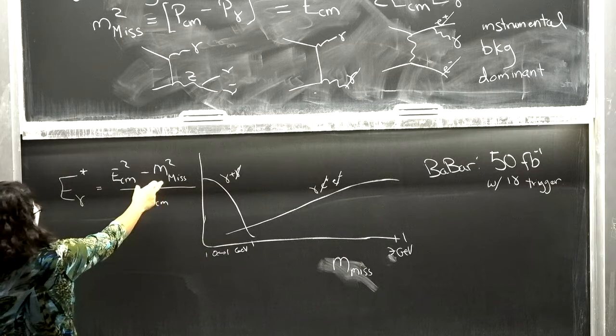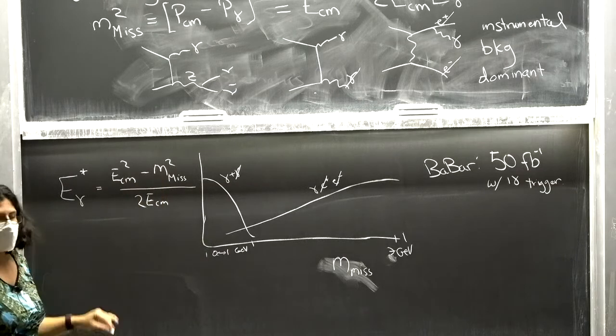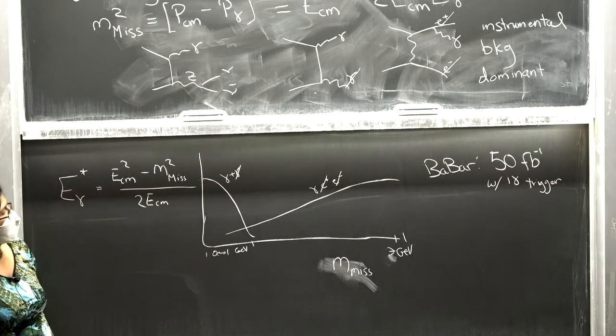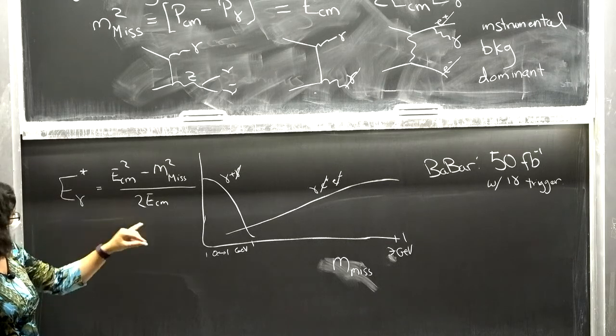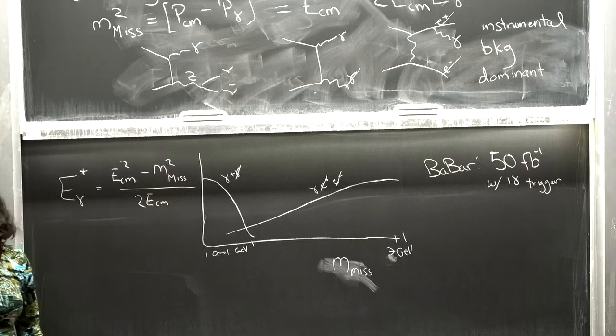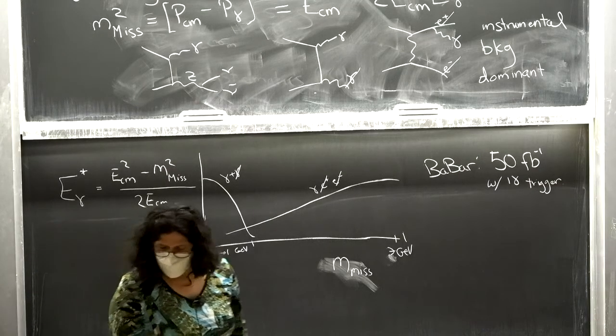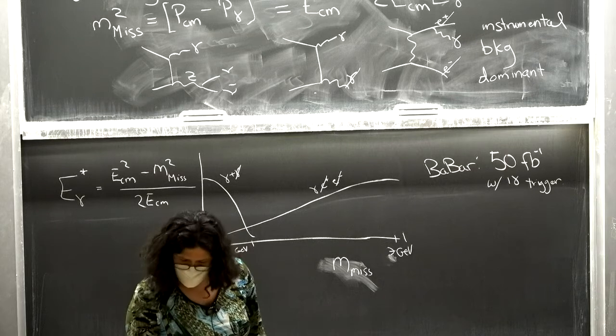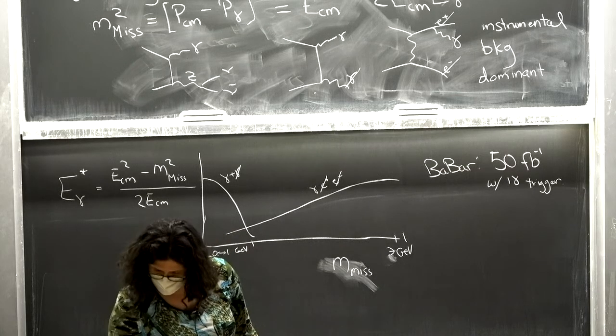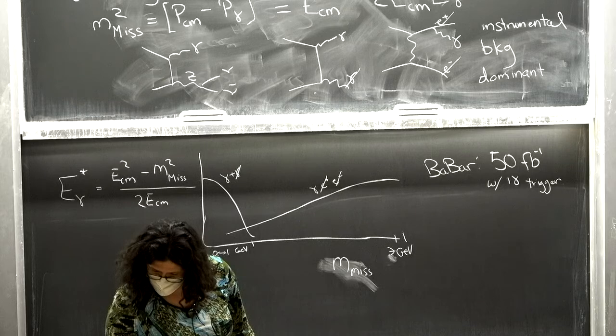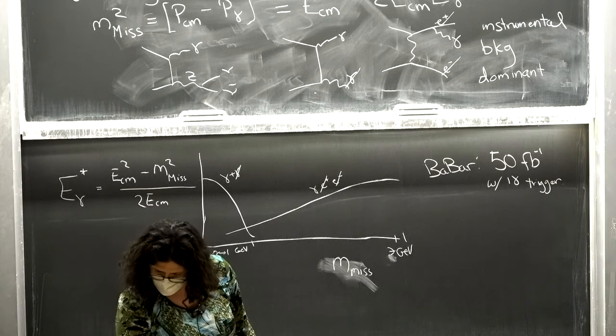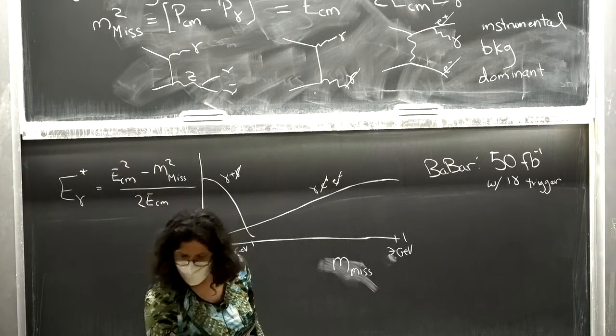So if this MS squared gets too close to ECM squared, that's going to start getting small. And they could only trigger nicely on photons that had an energy above 1.5 GeV. I think that might even have been their PT. I don't remember if it was an energy or a PT trigger, to be honest. So yeah, does that make sense? Okay.